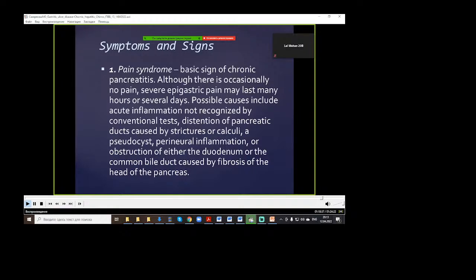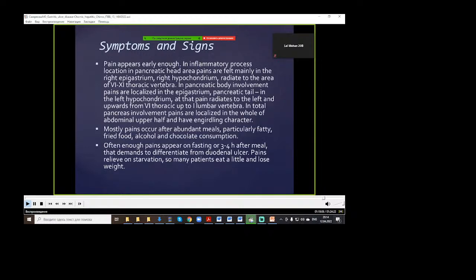Possible causes include acute inflammation not recognized by conventional tests, distension of pancreatic ducts caused by strictures or calculi, pseudocysts, perineural inflammation, or obstruction of either the duodenum or common bile duct caused by fibrosis of the head of the pancreas.